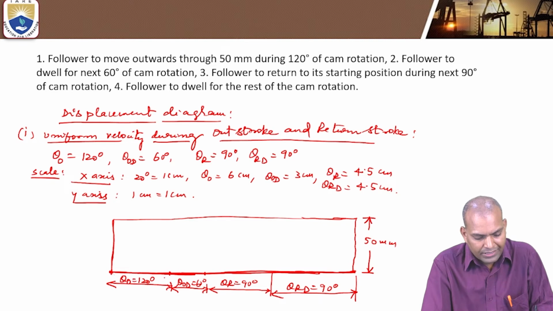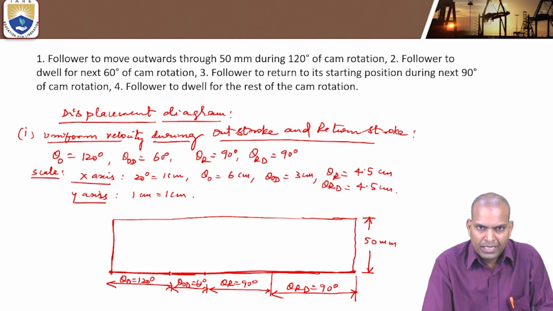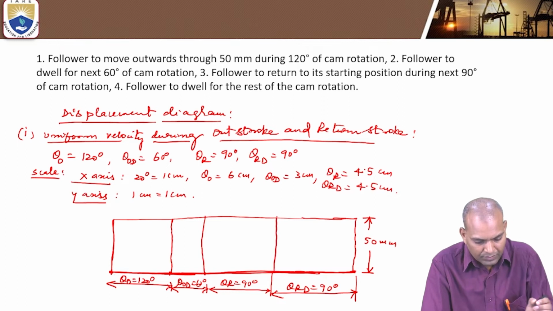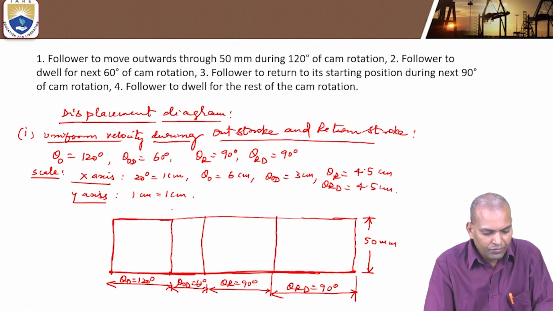So we already divided the bottom horizontal line into parts. So extend this with vertical lines. What is this portion? This portion is the outstroke.